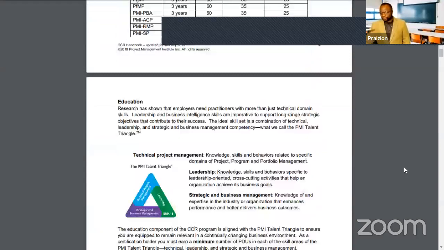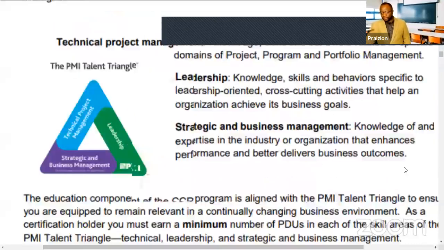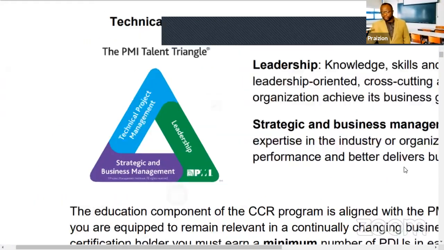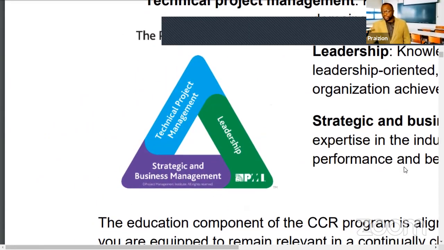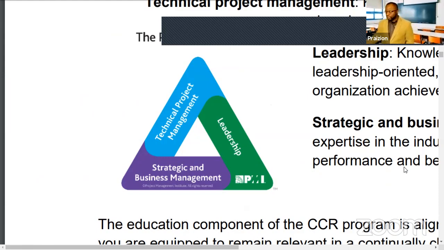So I'm going to go straight to the talent triangle. The summary is this: if you are a PMP, you need to get 60 PDUs. And of those 60 PDUs, you need to have at least 8 from each of these areas you can see on the screen.